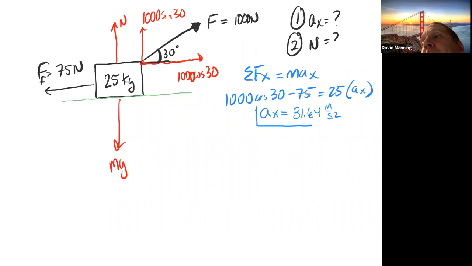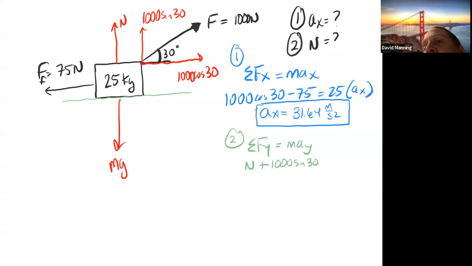Pretty big acceleration here. N plus 1,000 sine of 30 minus 25 times 9.8 equals 0. The acceleration in the y is 0. It's not being pulled up into the air. Or is it? It definitely is, isn't it? Oh, son of a gun. I made the force too big.